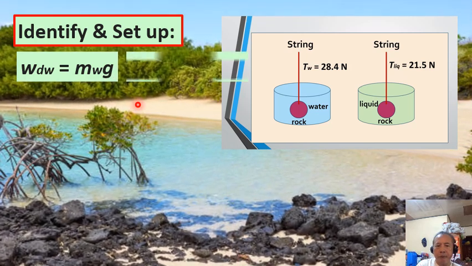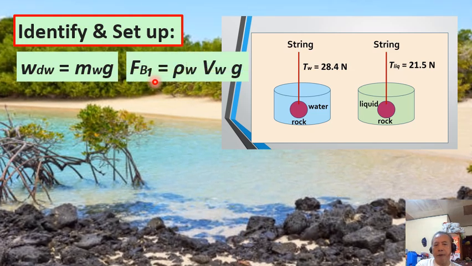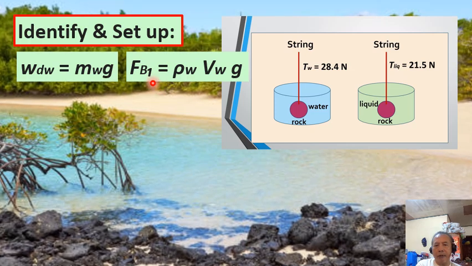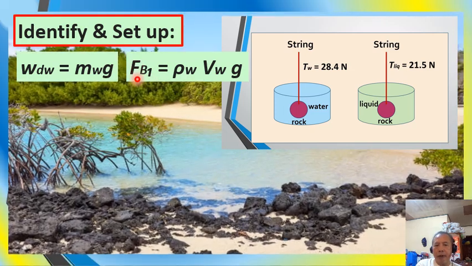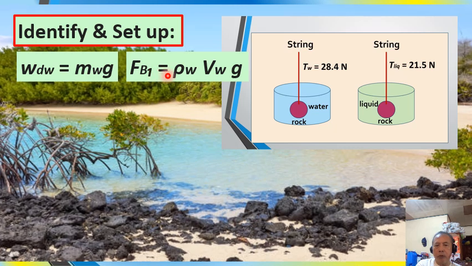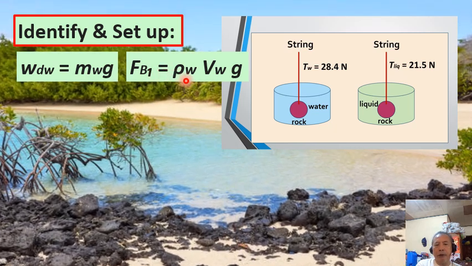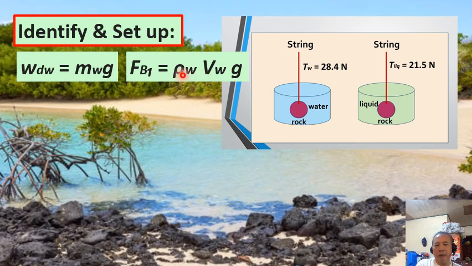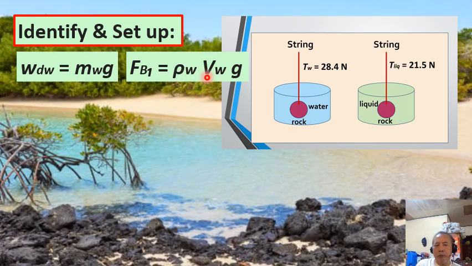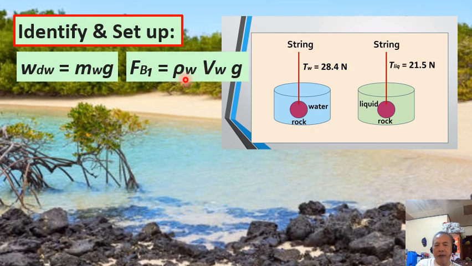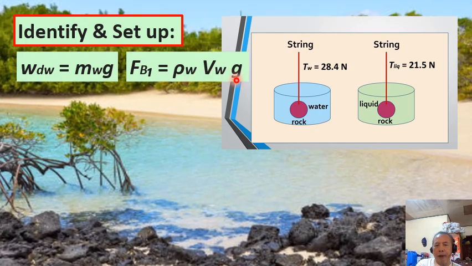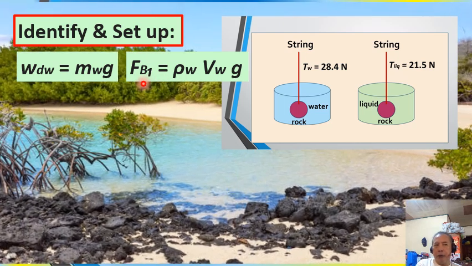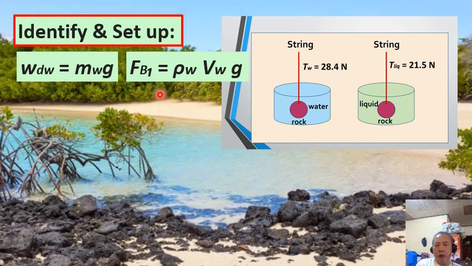And we come up with the formula for computing the buoyant force exerted by water on the rock, denoted here by capital F sub B1, equal to the density of water times the volume of the water displaced. Density times volume, as we know, is the mass. And multiplying it by g, we have the complete formula for determining the buoyant force exerted by water on the rock.